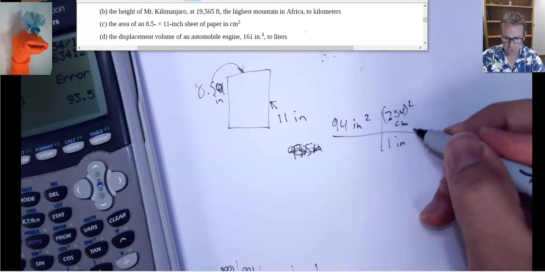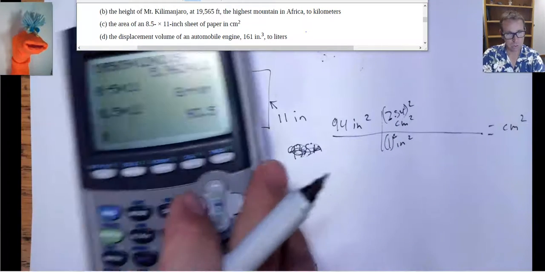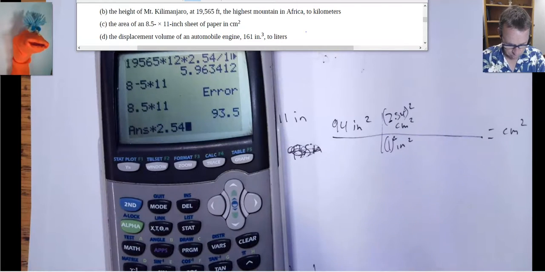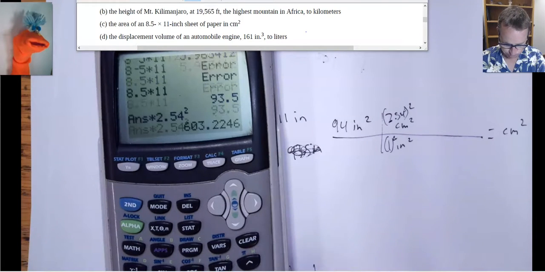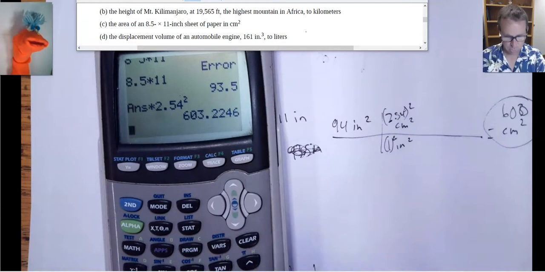But I need to square it if I want to go from inches squared to centimeters squared. So 93.5 times 2.54 squared. So 603.2, 2 significant figures, 600 centimeters squared.